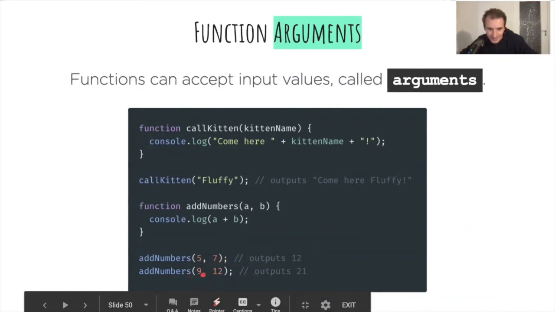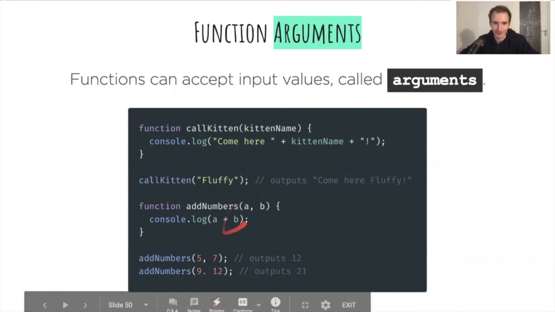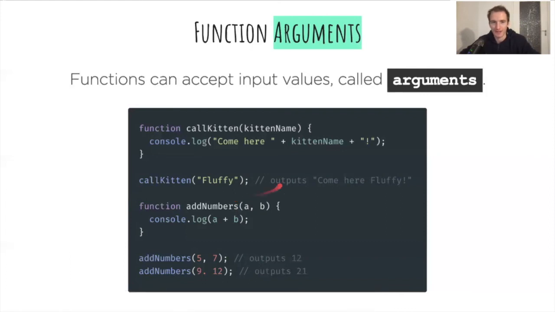And there's a slight typo here, but if we want to add numbers 9 and 12, this would output 21. So you can hopefully start to see how this becomes more useful over time. We can create more and more advanced calculators using functions like this to do lots of this sort of mental work for us. And we can also reuse these functions for different purposes.